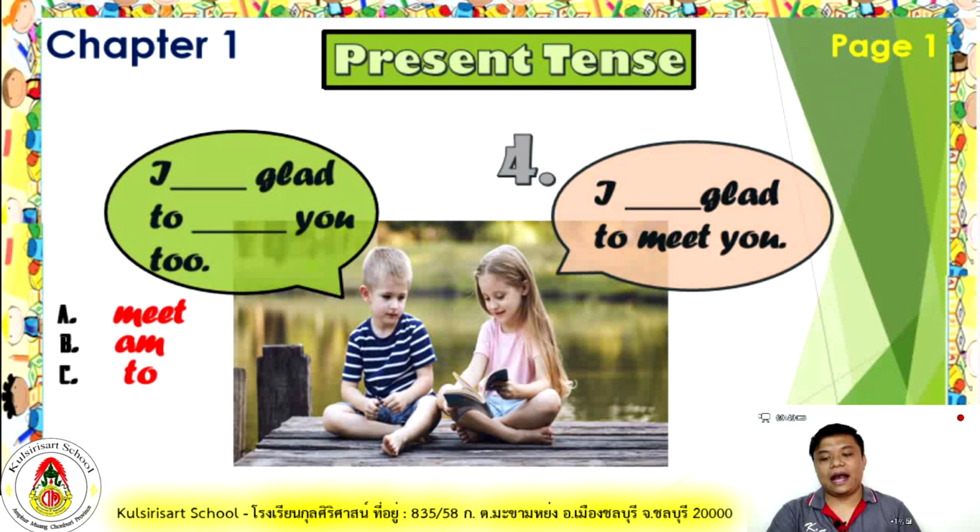We will say, I, blank, glad to meet you. We have here, meet, am, and to. What do you think is the answer? Good job. The answer is, I am glad to meet you. So, what will be your response? I am glad to meet you too. Very good.